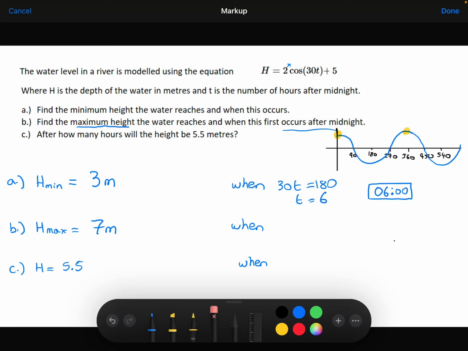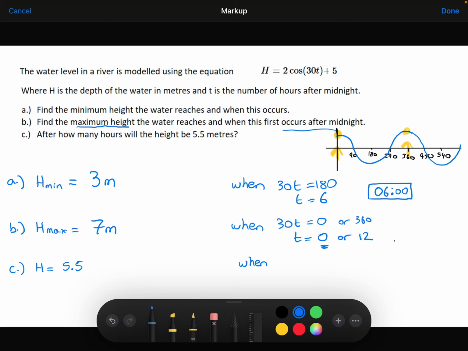When does that occur? Well, I can see that it occurs when the angle is 0 or when the angle is 360. So when 30t equals 0 or 360, dividing both of those by 30, 0 divided by 30 is 0, 360 divided by 30 is 12.